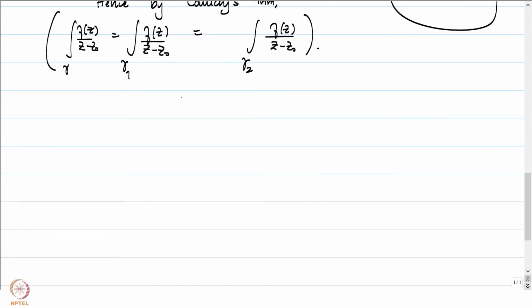Since f is complex differentiable at the point z naught, we can bound the Newtonian quotients at z naught by some m.